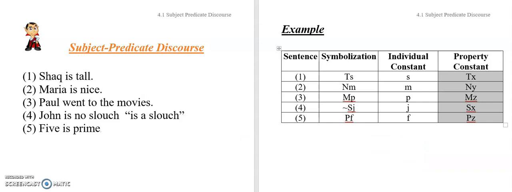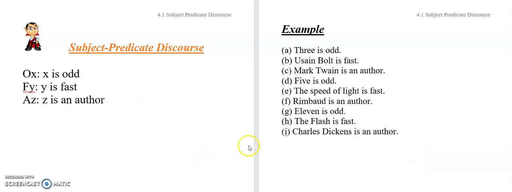All right, let's just keep hammering this so that you really feel comfortable, like you got it. Let's use these property constants to stand for these properties as follows, and we're going to translate these sentences into symbolic notation. So for example, for the first one, 3 is odd.